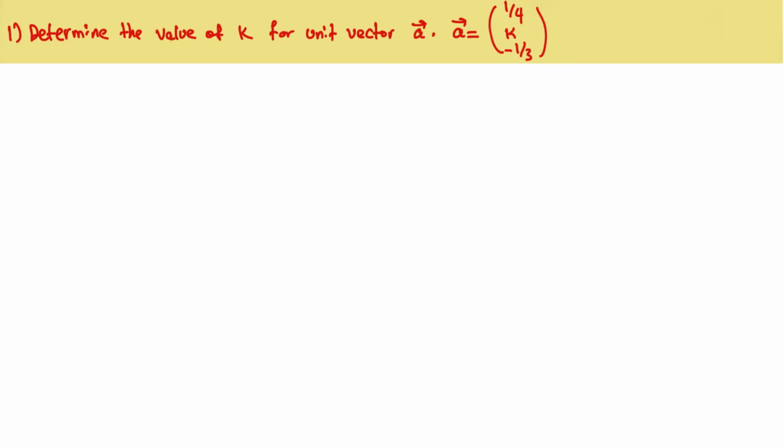Okay, for the first question, we are asked to determine the value of k for a unit vector A, and vector A has x component 1 over 4, y component k, and z component negative 1 over 3. We know that a unit vector has length 1, so the magnitude of vector A equals 1.